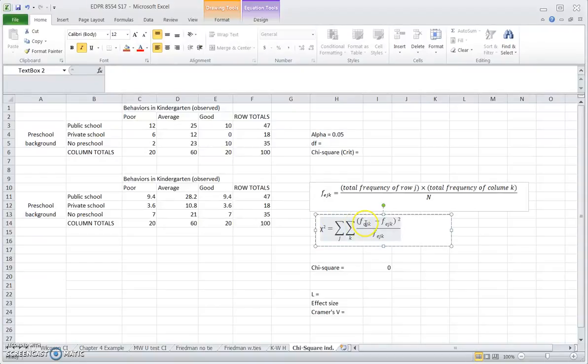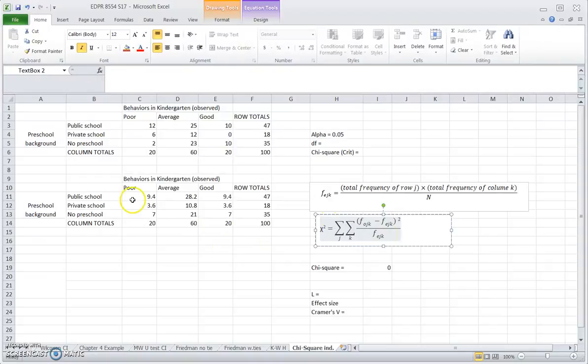It's pretty straightforward. You take the observed frequency of the cell, find the difference from its expected frequency, square the difference, then divide by the expected frequency. You do this for every cell in your table and add them together.